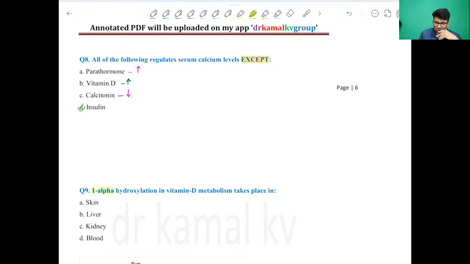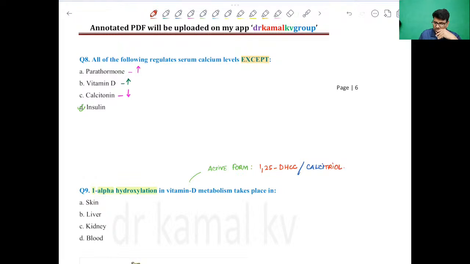1-alpha hydroxylation. What is the site of 1-alpha hydroxylation in vitamin D metabolism? Because we know that the active form of vitamin D is 1,25-dihydroxycholecalciferol, which is also known as calcitriol. Clear?